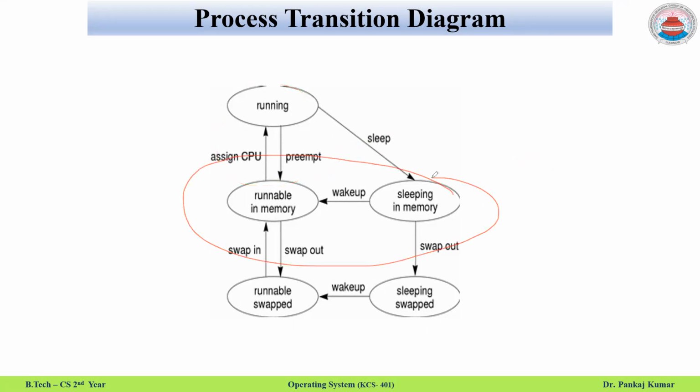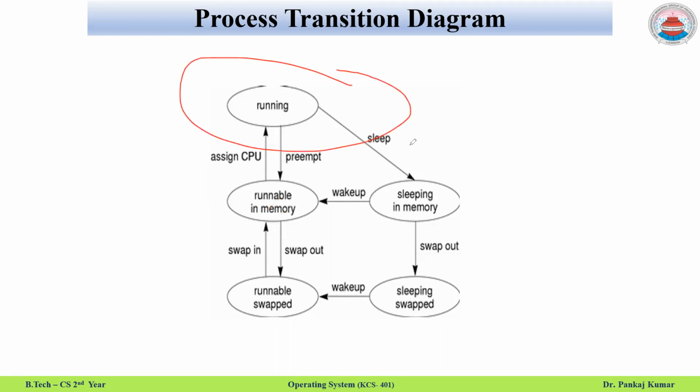It means that if a process is ready to execute, but due to the unavailability of the CPU it is not in an executing phase, this is called runnable in memory.